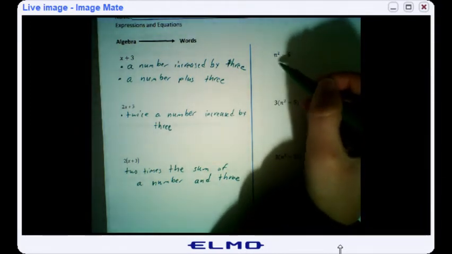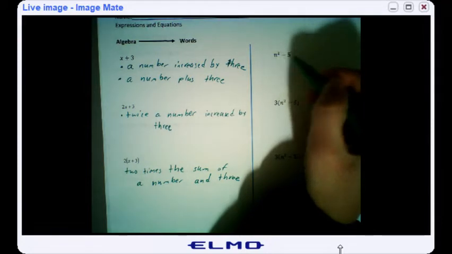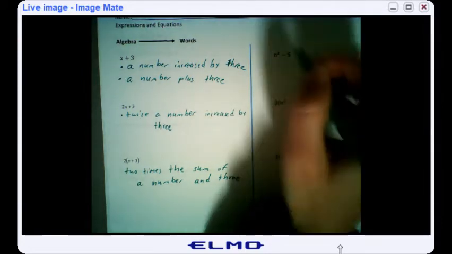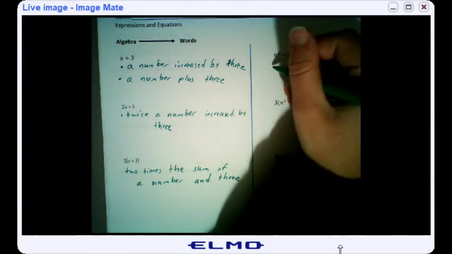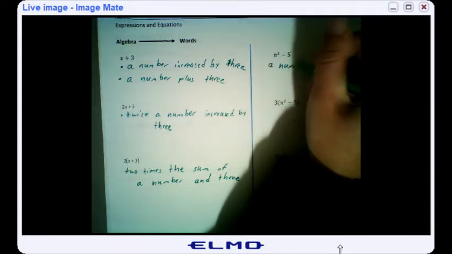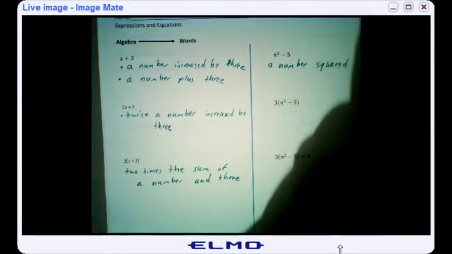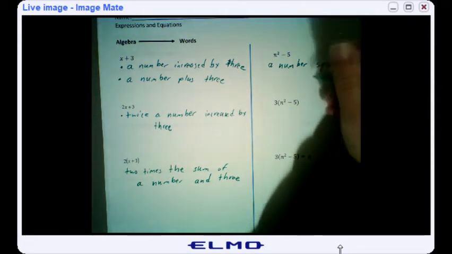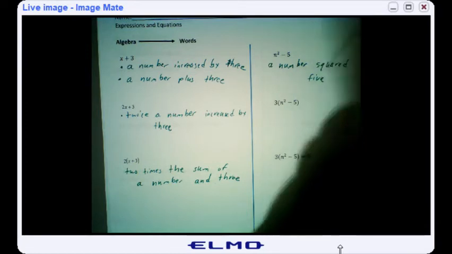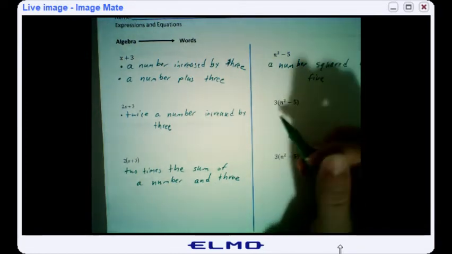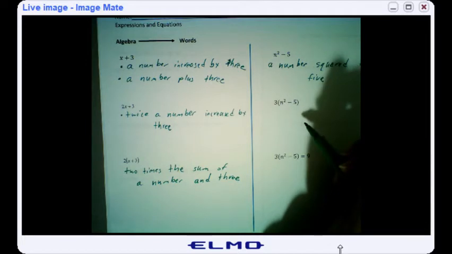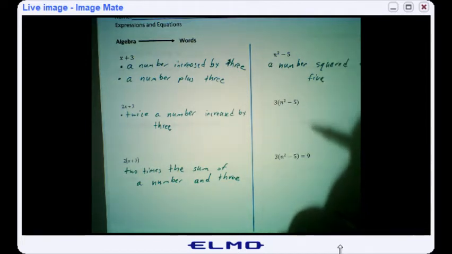If we move over, I could write a number squared decreased by 5. Now down here, because it is in the parentheses, again, we must be super careful.